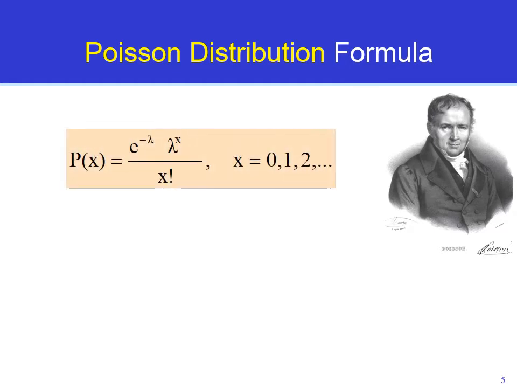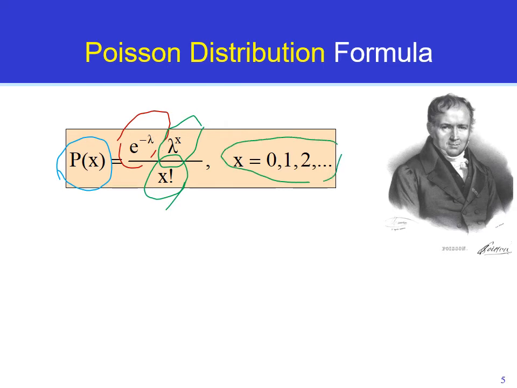This is the probability formula for a number of successes in a Poisson distribution. The probability of having x successes is equal to e to the power negative lambda, lambda to the power x, divided by x factorial, for x equal to 0, 1, 2, 3, up to infinity.